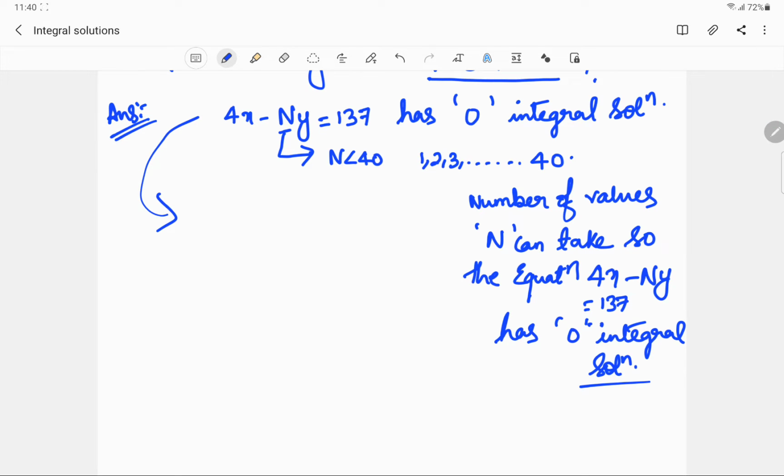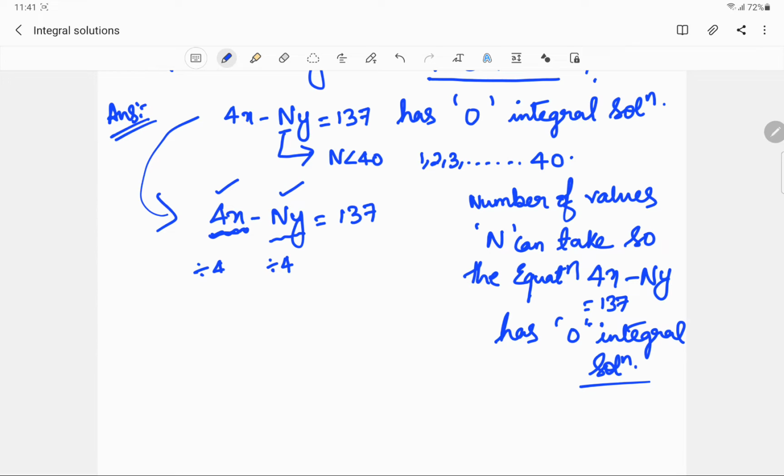If we see this particular term, 4x is divisible by 4, right? Now if we choose some value of n that is divisible by 4, then the left hand side of the equal to sign will be divisible by 4.